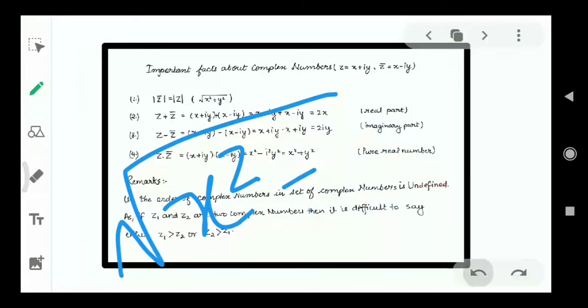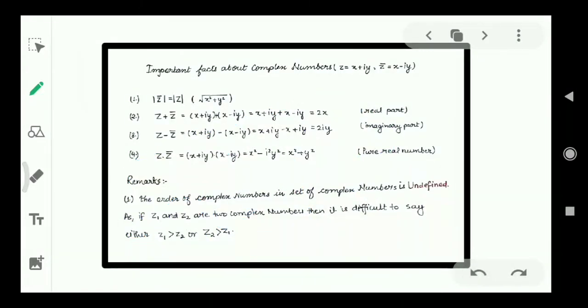This is known as the absolute value of a complex number. Here we can see the absolute value of z is square root of x square plus y square and the absolute value of z bar is also square root of x square plus y square. So both are equal. This is the first fact about complex numbers.